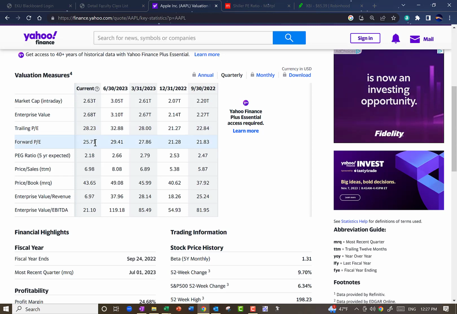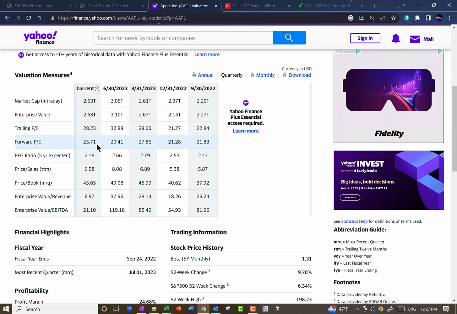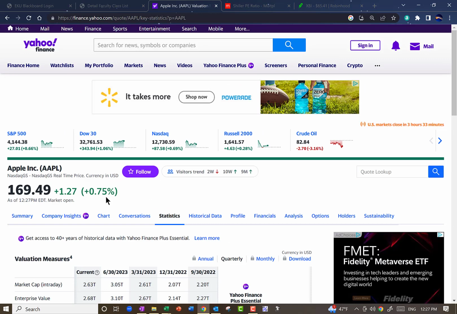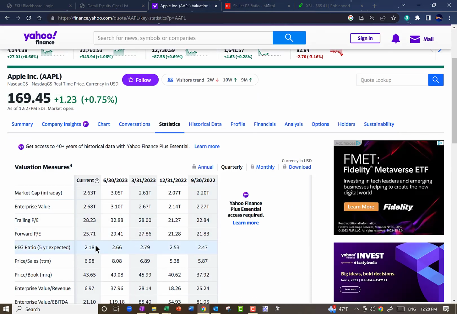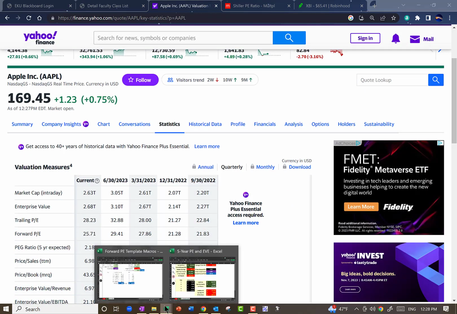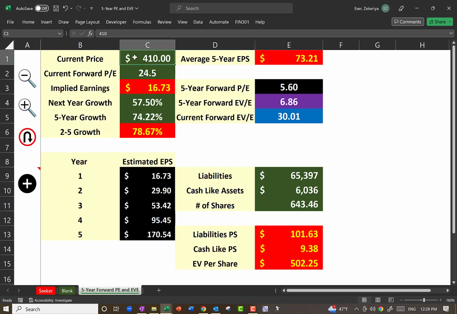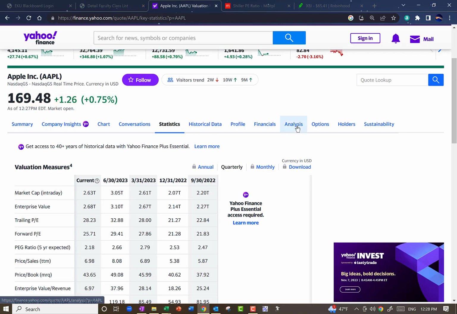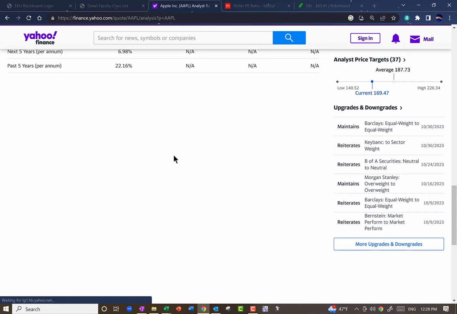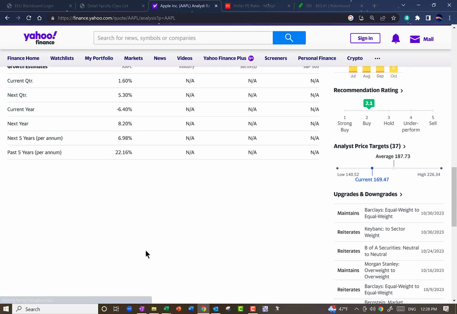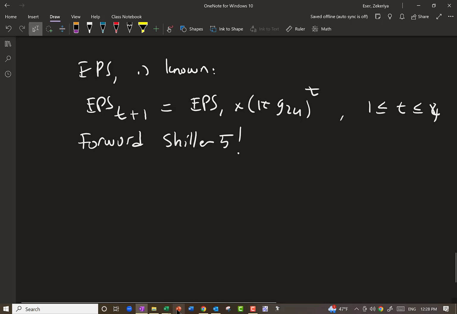But based on forward PE, they're pretty much similar. So let's take 169.49 and 25.71. Let's look at the estimated growth rates for Apple. 820 and 698.